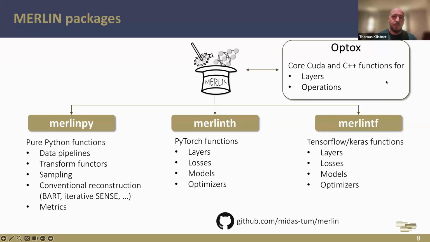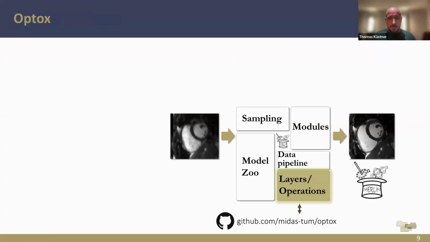However, since these are functions that are building on top of core functionalities that are usually written in CUDA and C++, we're using the optox framework as an additional means to integrate these functionalities of the layers and operators. So what does this mean?